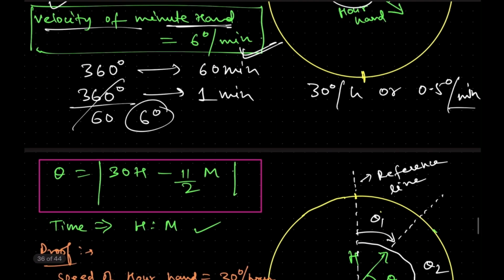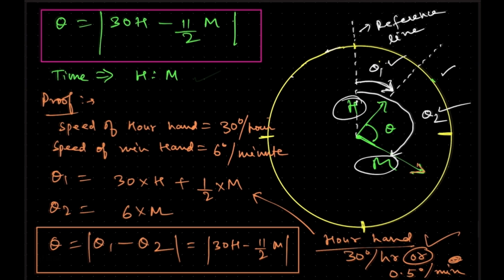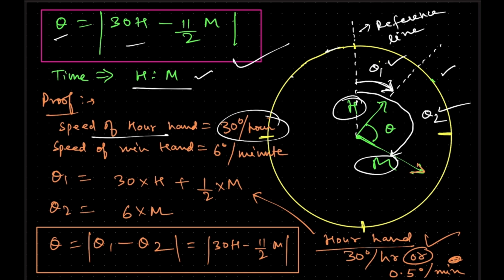Now let's derive our main formula. Let's see the derivation of the main formula that we will be using for solving our questions. So if the time is given as h hours and m minutes, we have already seen in the last slide that the speed of the hour hand was 30 degrees per hour, and the speed of the minute hand was 6 degrees per minute.